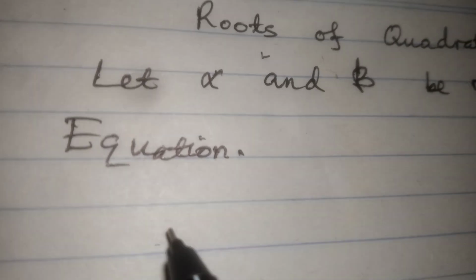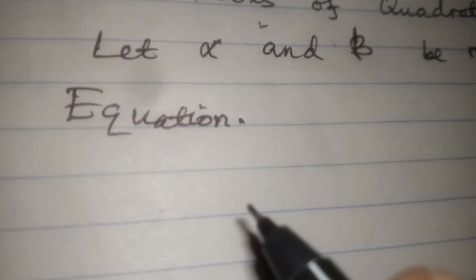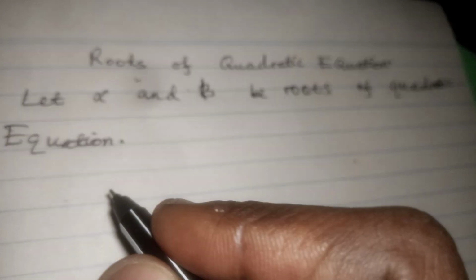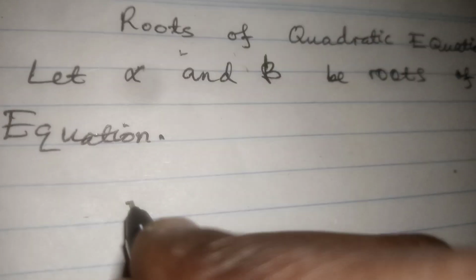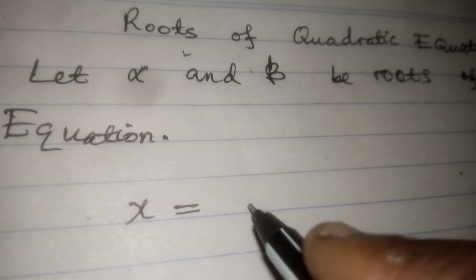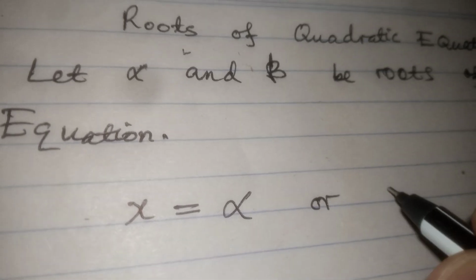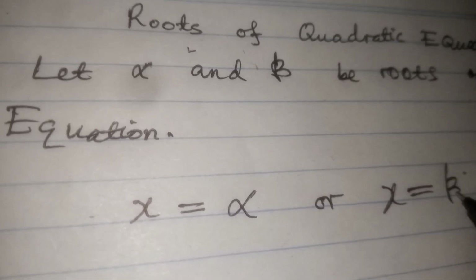Now, since alpha and beta are roots of the quadratic equation, it means that x is equal to alpha or x is equal to beta.